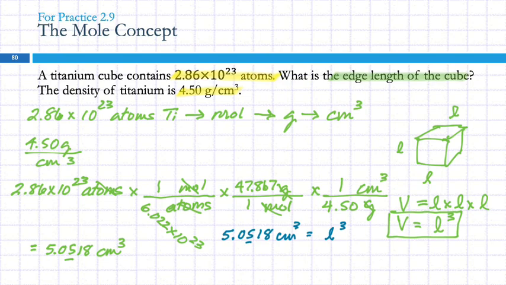How do I undo L to the third power and just get L? Cube root. Cube root, right? The square root undoes a square, the cube root undoes cube. So I'm going to take the cube root of this and the cube root of that. So the cube root of L cubed is L. The cube root of centimeters cubed is centimeters.